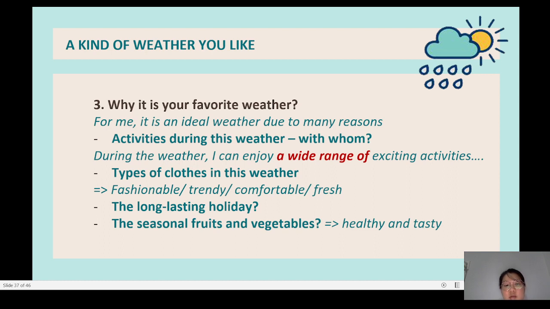And finally, you can put some ideas about the seasonal fruits and vegetables in this kind of weather. They are healthy and tasty, or they may not be as delicious as in another weather.